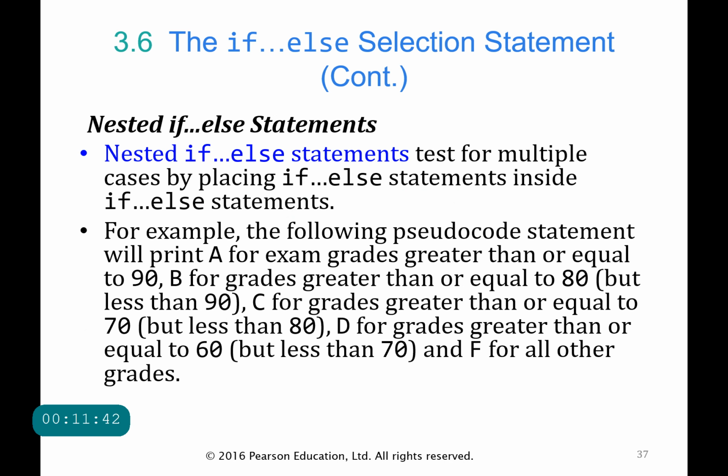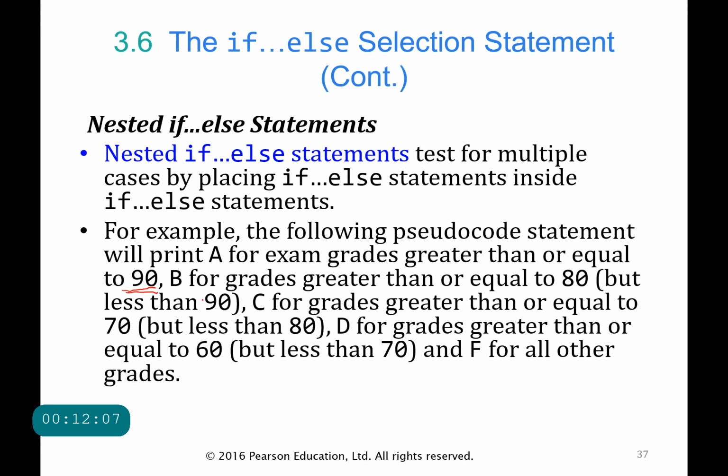Okay, now sometimes we also want to use what are called nested if else statements. An example of this could be, let's say you want to print an A grade when a student has a grade greater than or equal to 90.